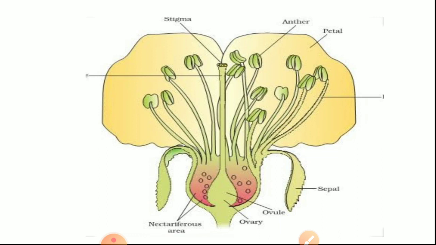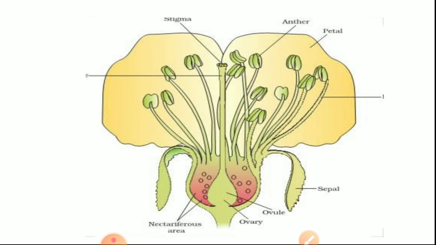Before moving on, I just want to give you a recall that a plant contains two types of parts, one vegetative and the other reproductive. We are familiar with this, that stem, leaves and roots are vegetative parts, whereas flowers are the reproductive part.